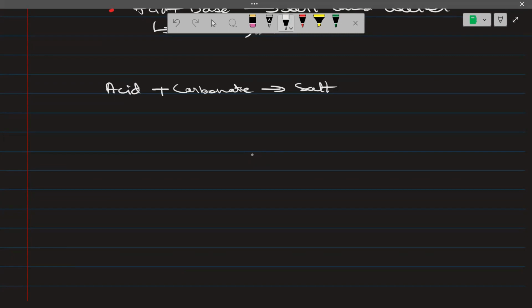That's the common product. In every reaction, a salt will be produced when an acid is included. So a salt will be produced, H2O means water will be produced, and CO2 means carbon dioxide will be produced. That's what happens when an acid reacts with carbonate.